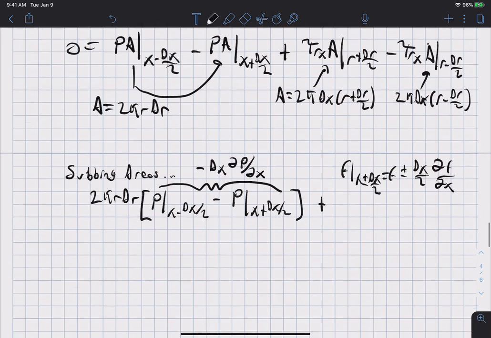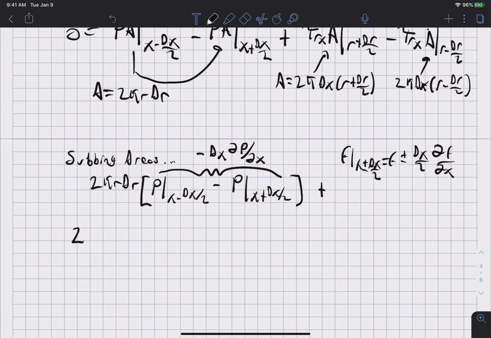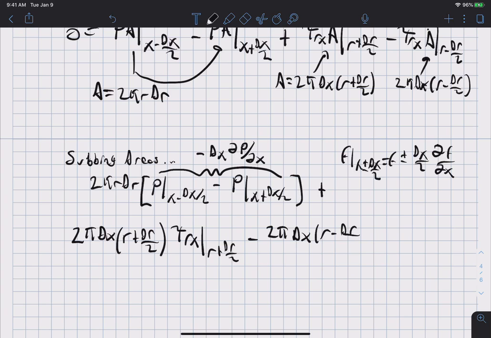Now we got the viscous stresses. And so we have plus 2 pi delta x times r plus delta r over 2 times tau rx at r plus delta r over 2, minus 2 pi delta x times r minus delta r over 2 tau rx at r minus delta r over 2. And so here we have these extra terms, this plus delta r over 2 here, and this minus delta r over 2 here.